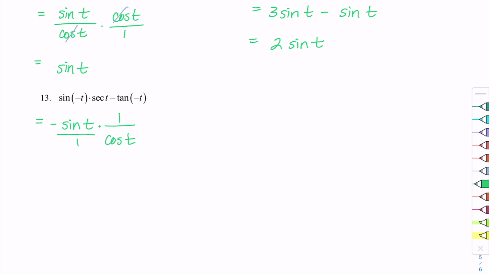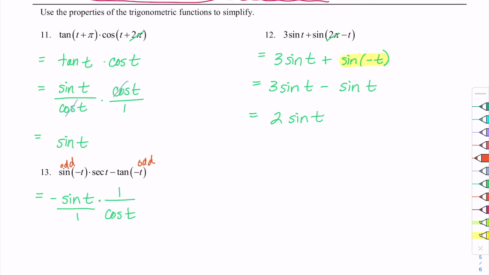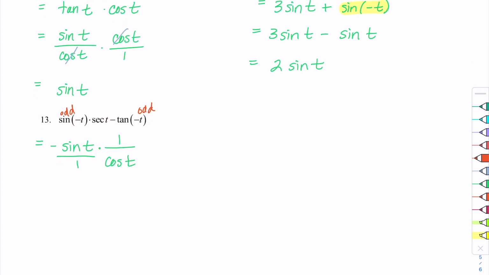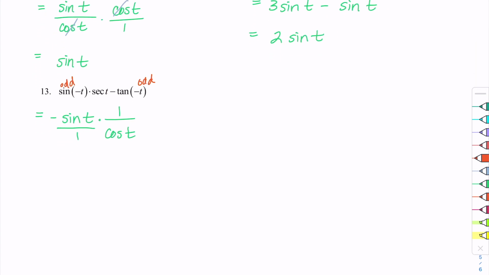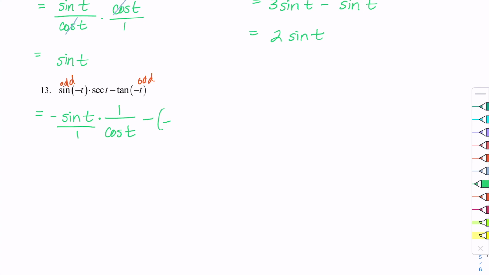Keep in mind that that tangent is also an odd function. Odd. Okay. Maybe I should have written that here. Odd. Okay. So now we have the opposite of the tangent of t.